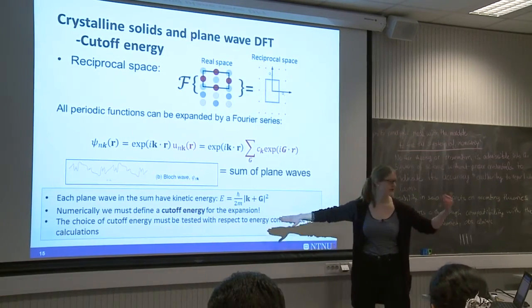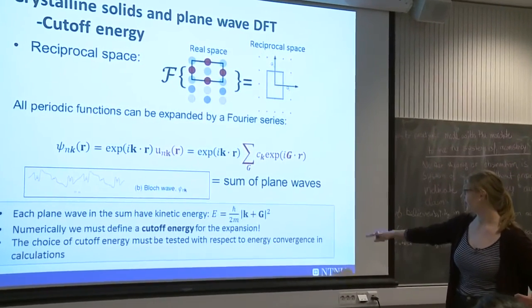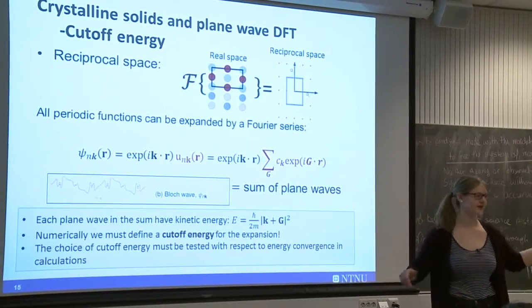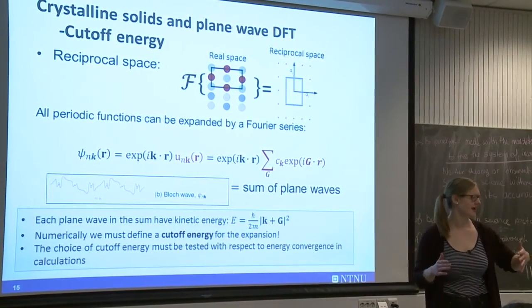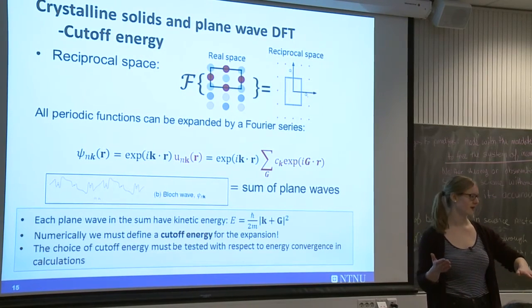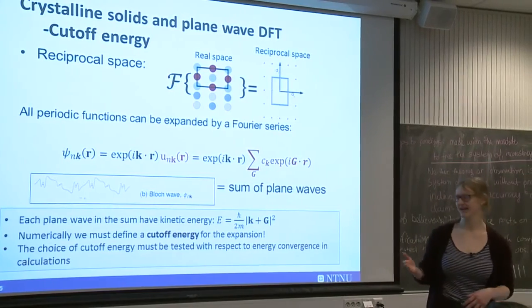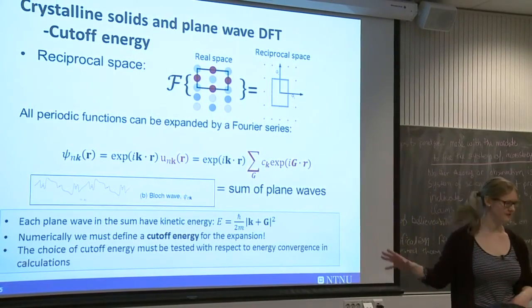So for a larger and larger reciprocal lattice vector, you have an increase in kinetic energy. So in our calculations, we just define some cutoff. We don't consider plane waves which have a higher kinetic energy than this specific cutoff.